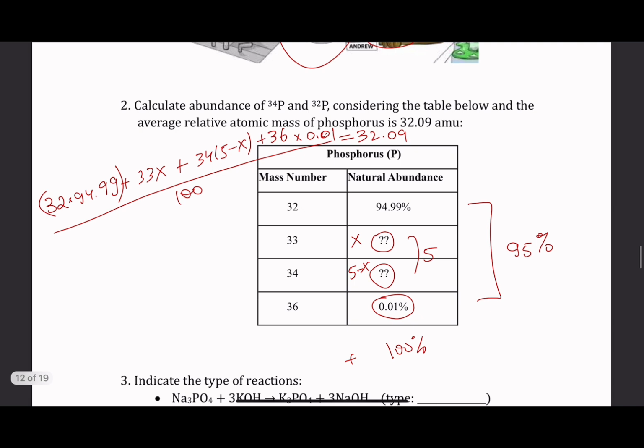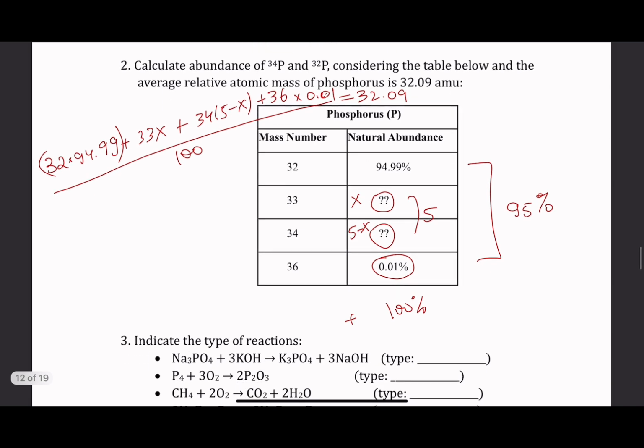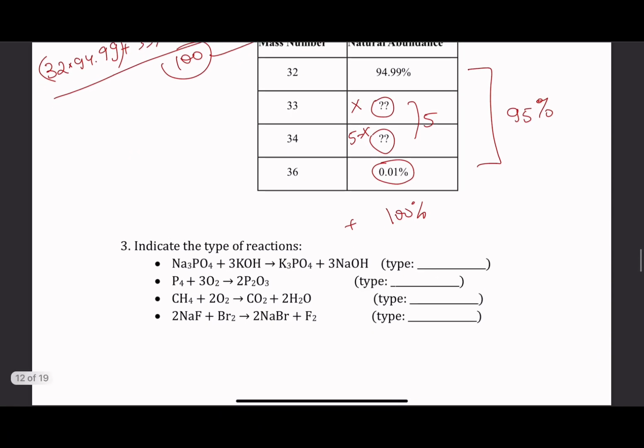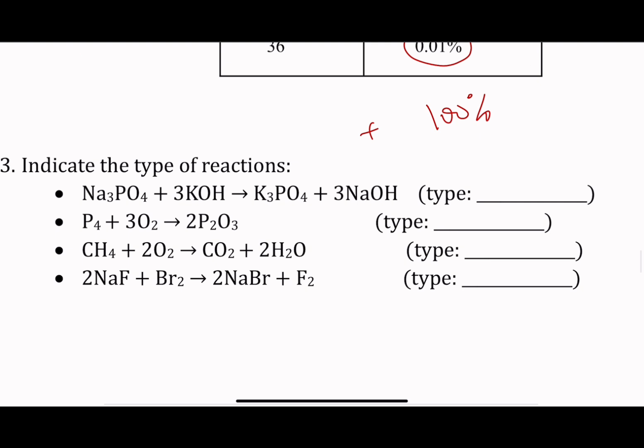We have done this many times, but this is the way to do it. So the first thing I would do, I will take the 100 to that side and I will solve for x.